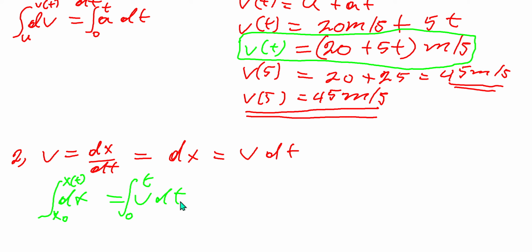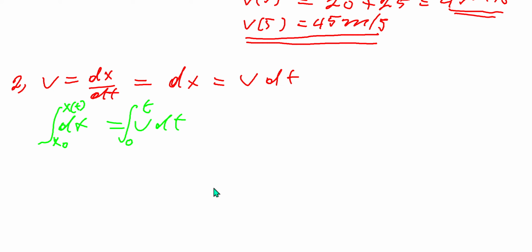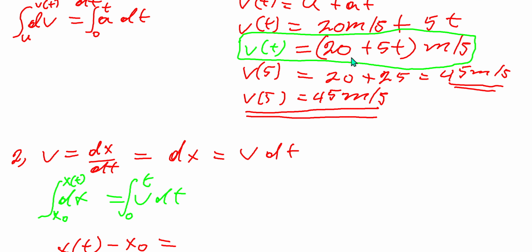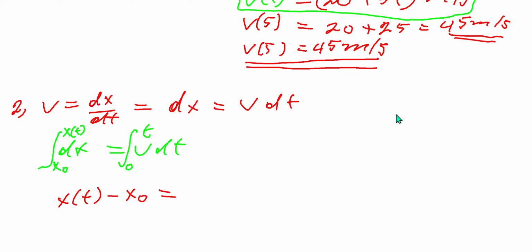So when we integrate this, the result will be x of t minus x naught, which is equal to the integral of v. Now, it's not constant. How much is it? It is given over here, 20 plus 5t, dt.